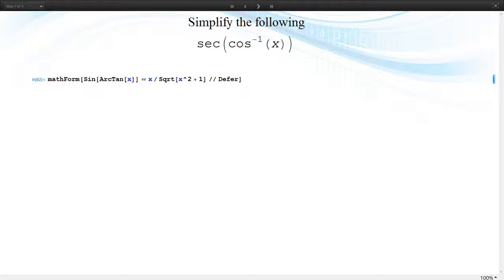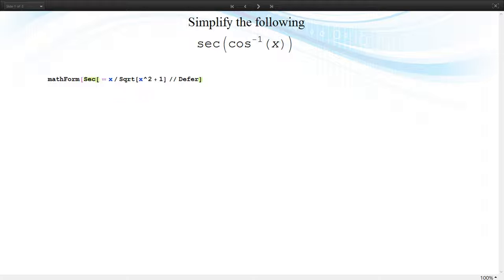Well, it's almost a trick question. Secant is equal to 1 over cosine. So that means the secant of cosine inverse of x is equal to 1 over the cosine of the arc cosine of x.